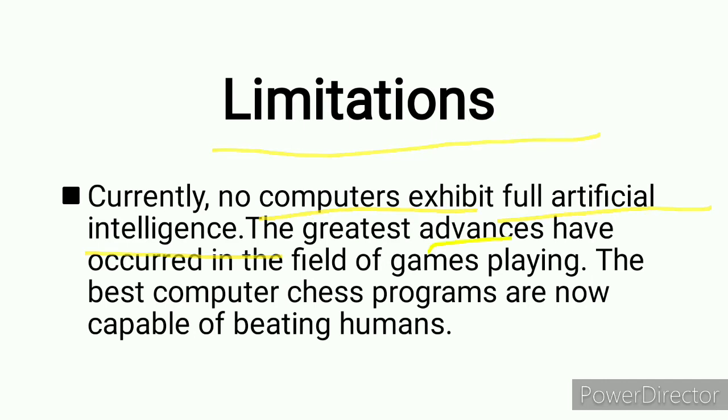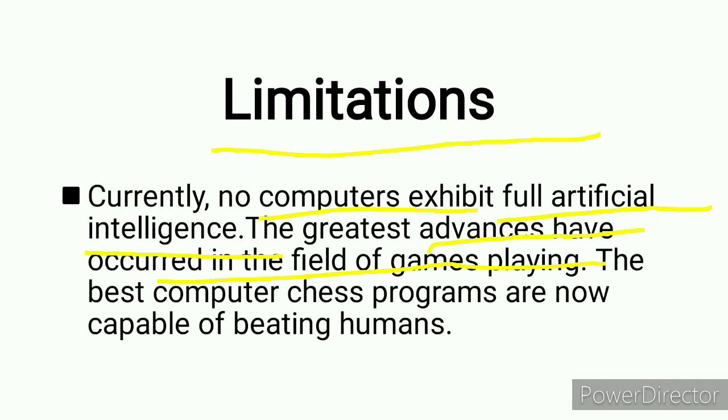The greatest advances have occurred in the field of game playing. In playing games, like PUBG, which is now banned, so let's not talk about that, and other games like Witcher and FIFA, you have seen the deliberate use of artificial intelligence, like voice recognition and the way the game responds.